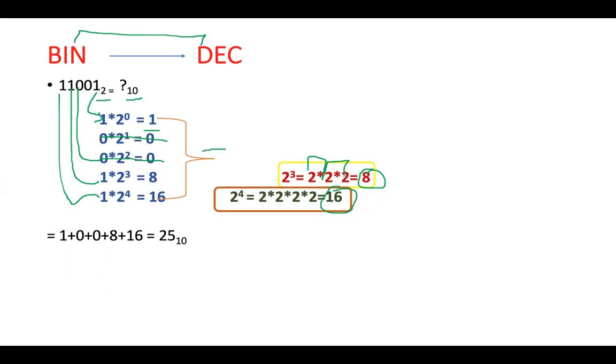Then we are going to sum all of these numbers. So 1 plus 8 plus 16, it's going to equal 25. And don't forget the base is 10 because now this is a decimal number.